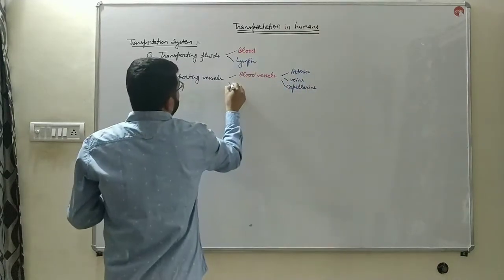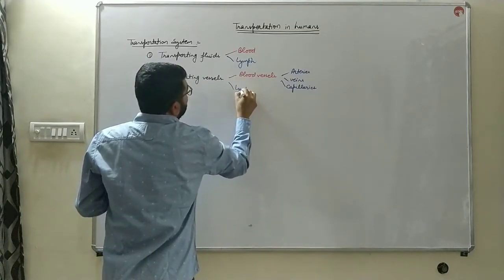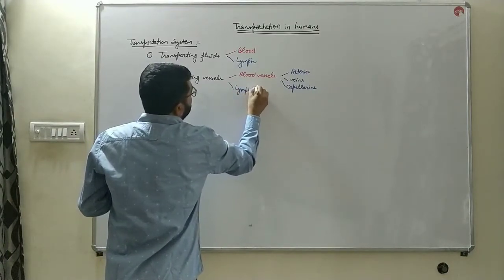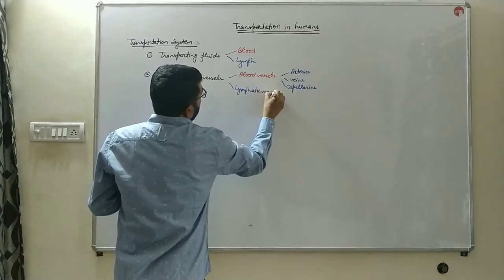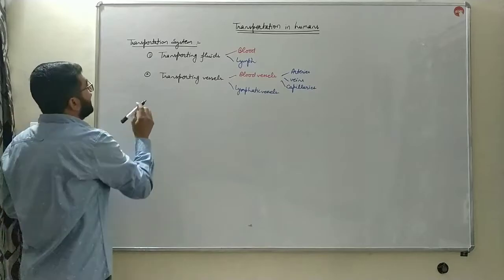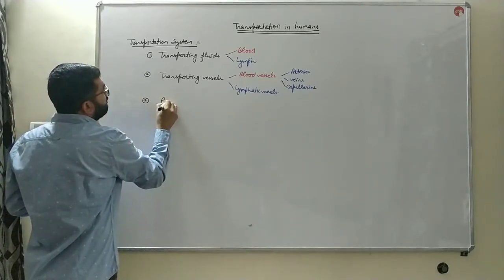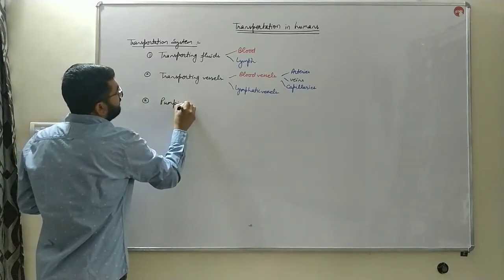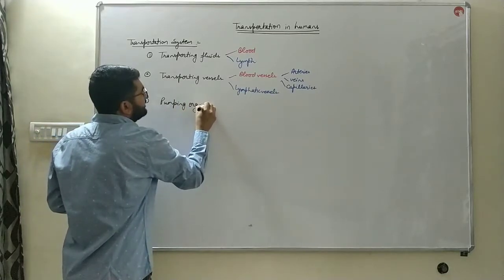Along with the blood vessels, we have lymphatic vessels, which transport lymph. Then we have a third part, the pumping organ, and that pumping organ is the heart.